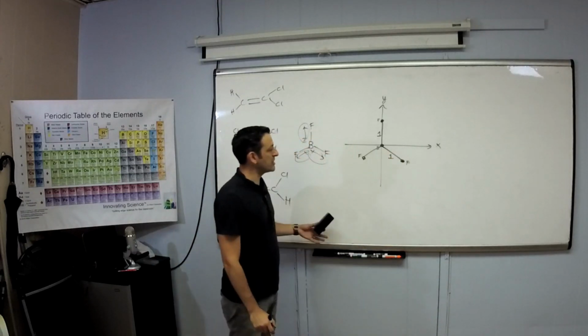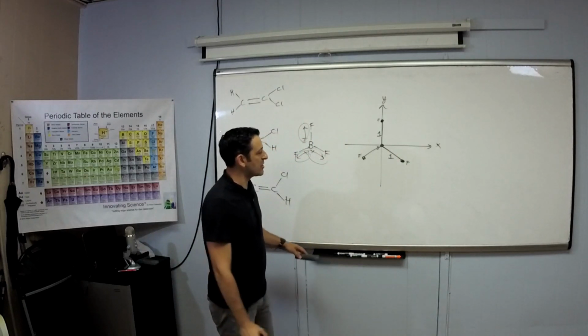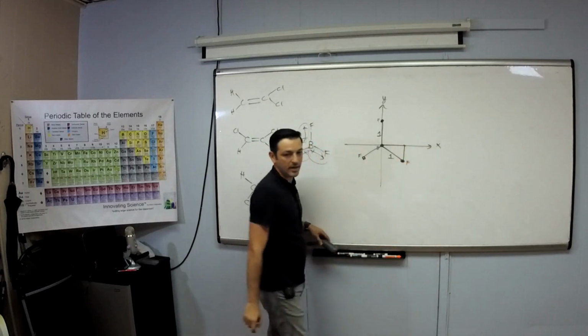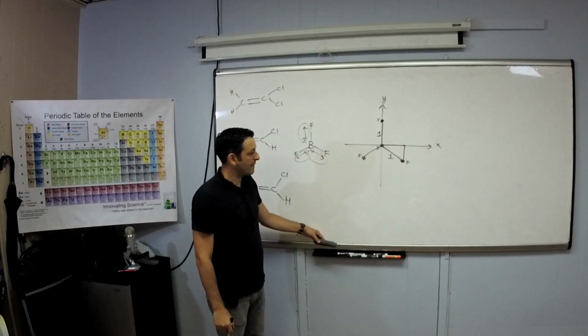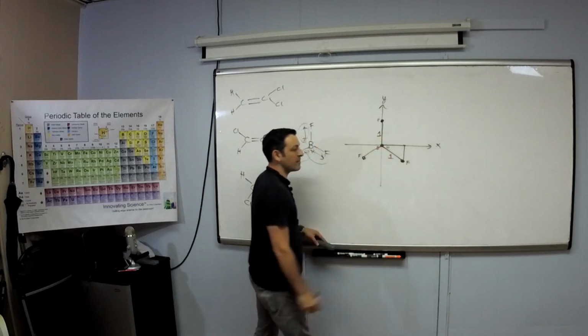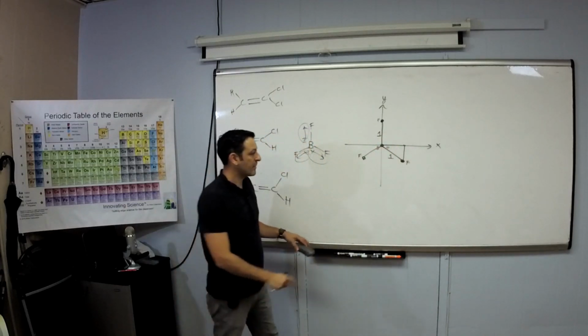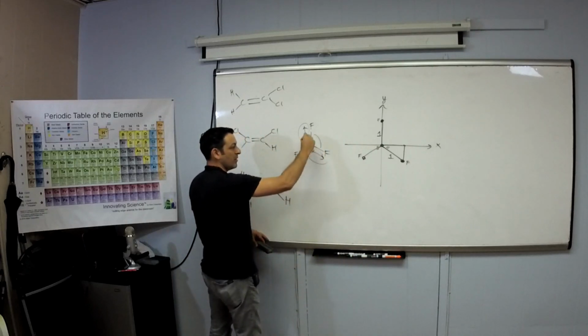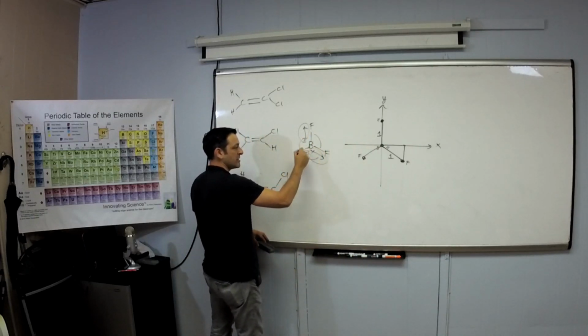And now the question is, how do I break that up into its components? I need to break that up into the pieces of this triangle, right? I need to know this angle theta. How do I find that angle theta? Well, do you realize this is trigonal planar? What is the angle here? What's the angle here?